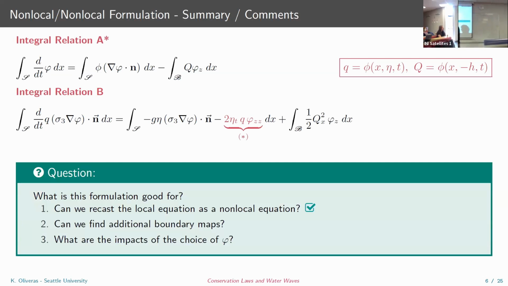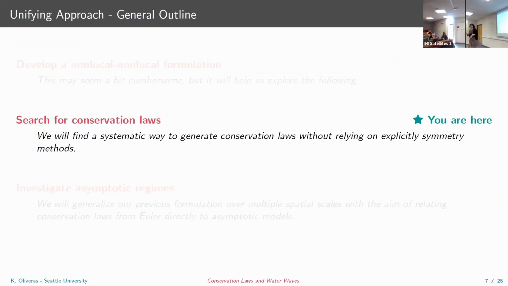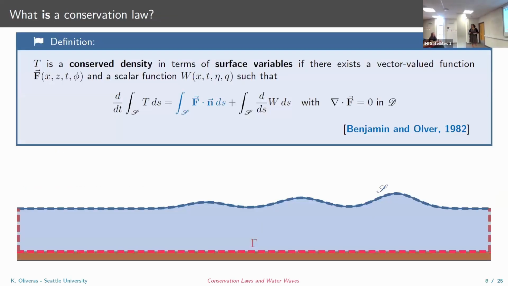And so what is the cool thing you can do with this now is you can find additional boundary maps. If you want to relate surface quantities to bottom quantities, you can do that directly and easy. It's easy to find the asymptotic relationships. But here's what I want to think about. What are the impacts of your choice of RP? Remember, that's just a test function. This is like a weak formulation. Really, that's kind of it. Okay. Well, let's search for some conservation laws.